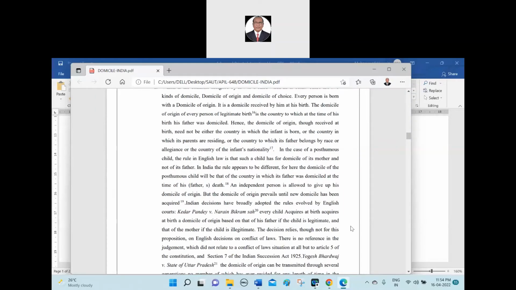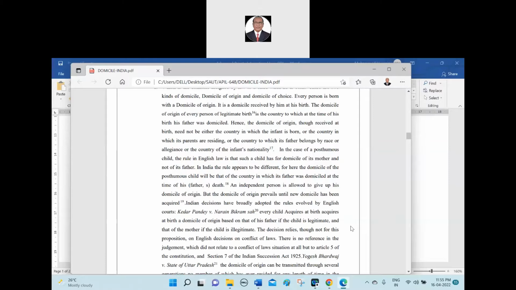An independent person is allowed to give up his domicile of origin. Yes, I have every right to give up my domicile of origin, which is India. If I want to choose a domicile in Tanzania, I can do so. Nobody would stop me. But the domicile of origin prevails until a new domicile has been acquired.